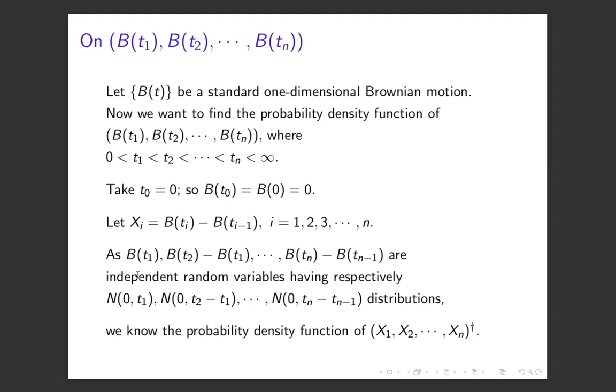So these are all independent normal random variables. Therefore, we know the probability density function of (x1, x2, ..., xn), that n-dimensional random variable. Since vector valued random variables are going to be treated as column vectors, here we have written it as a row vector and put the transpose. So this basically stands for x1 first row, x2 second row, and xn the last, stacked one above the other.